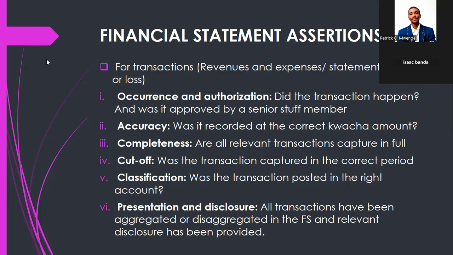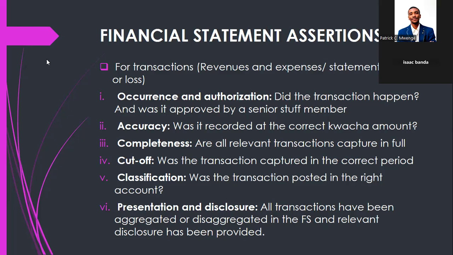So now, as auditors, let's test the classification, if everything has been classified the way it's supposed to be. So these are just statements that the managers deem to be true. Then the auditor uses that information to test the data.